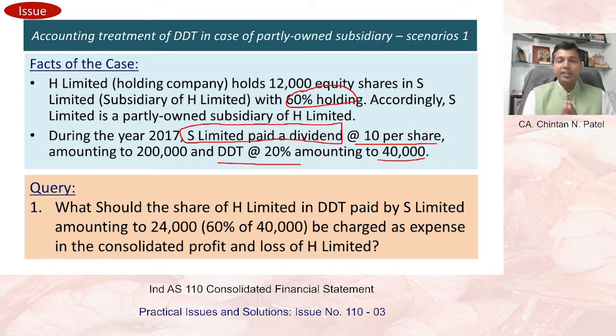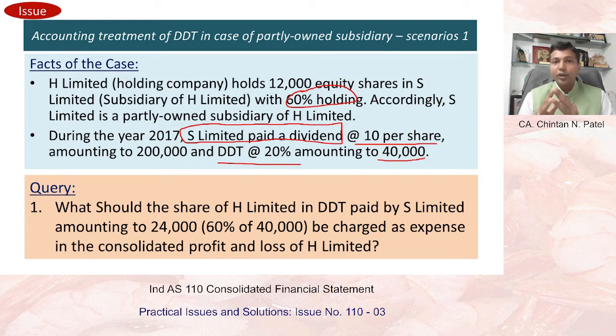So it's assumed that the DDT rate is 20% and subsidiary S Limited has declared a dividend and paid a total dividend of rupees 2 lakh, and on that the dividend distribution tax is rupees 40,000. Now, as we all know it's 60% owned, so 60% of this dividend will be received by H Limited, and 60% of the dividend distribution tax is ultimately paid because of the H Limited dividend.